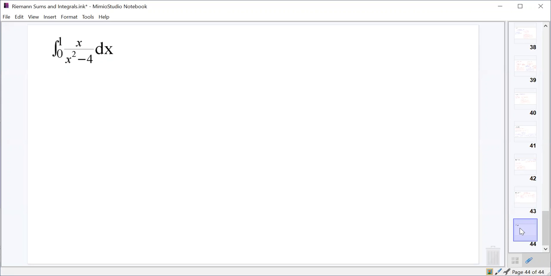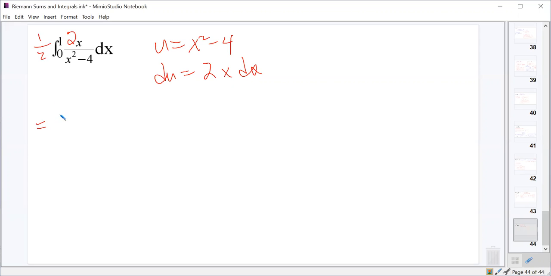And we need to clear out all that junk in the denominator so that we can just have it as one single variable and can integrate it using natural logs. So we'll let u equal x squared minus 4. And du will be 2x dx. So we're going to throw a 2 here and a 1/2 on the outside. Everybody good with that?